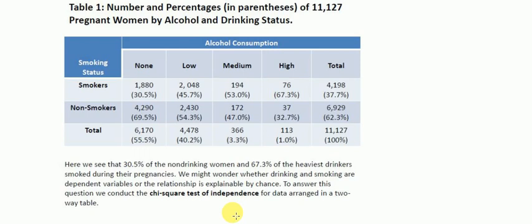Crudely, we'll guess that yes, there is a relationship, because those who consume zero alcohol end up being smokers in just 30.5% of the cases, but those who consume high amounts of alcohol are at 67.3%, almost double. Crudely speaking, yes, there is a relationship, but the chi-square will tell us whether there is a statistical relationship or it is just by chance that we are seeing this.